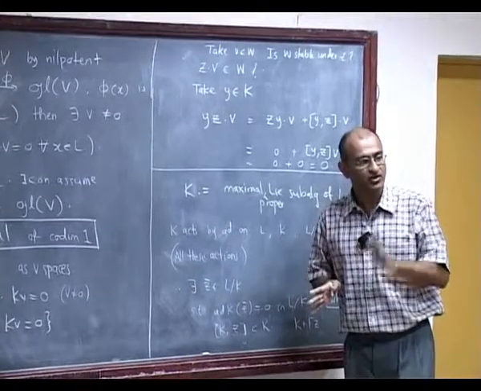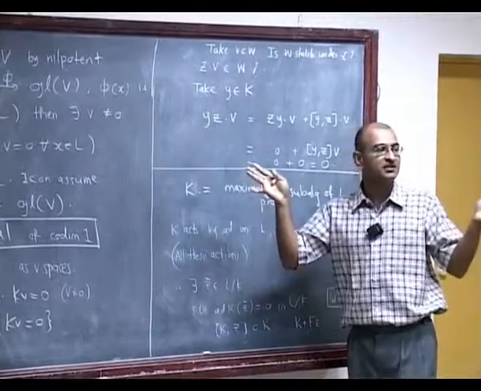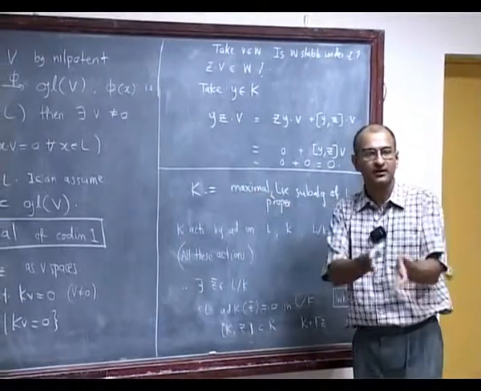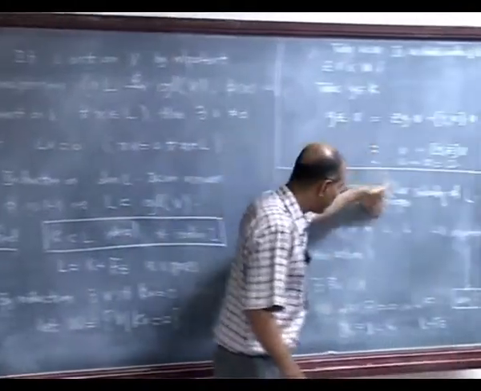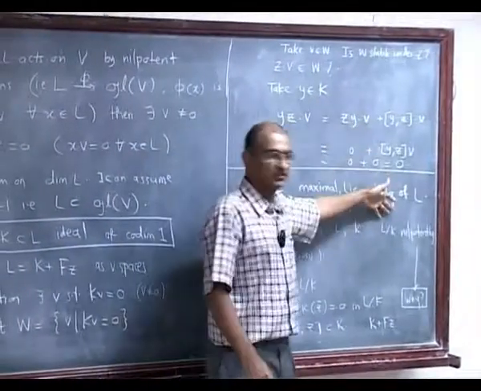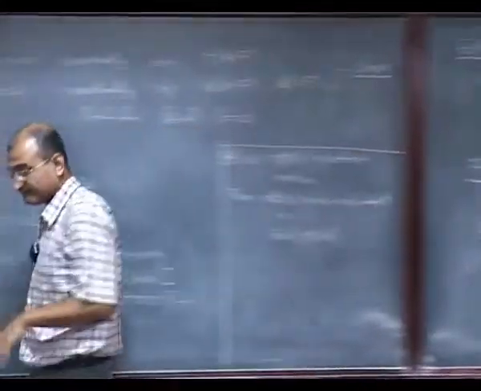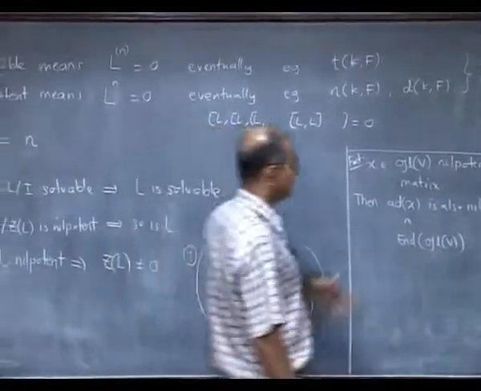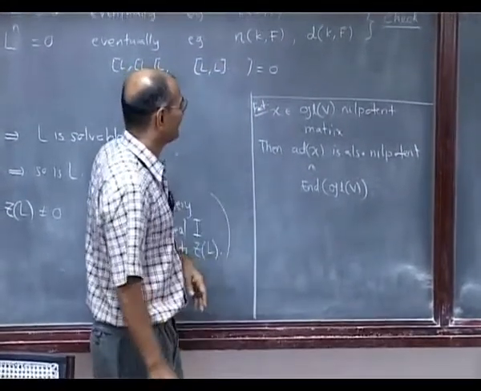So under the adjoint action of x, L is stable. On the whole space it is a nilpotent operator. So already on any stable subspace it is going to be a nilpotent operator. So it is nilpotent on L, it is nilpotent on k, and of course it is nilpotent then on the quotient.